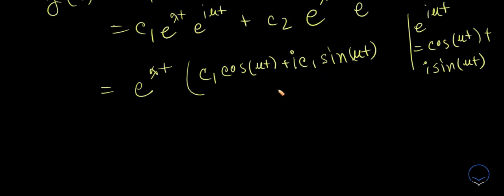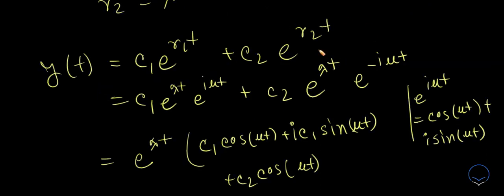And from this part you will have c2 e^(−iμt). If you put a minus in front of this i, it affects the plus sign and it becomes a minus sign.